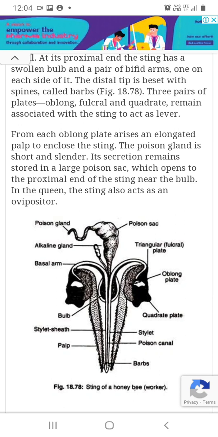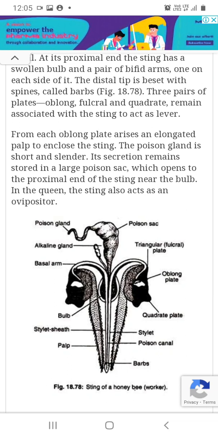From each oblong plate arises an elongated palp to enclose the sting. It is a covering sort of a thing, as you can see in this diagram. From these plates arises a palp, which is a sheath-like covering enclosing the sting. The poison gland is short and slender.